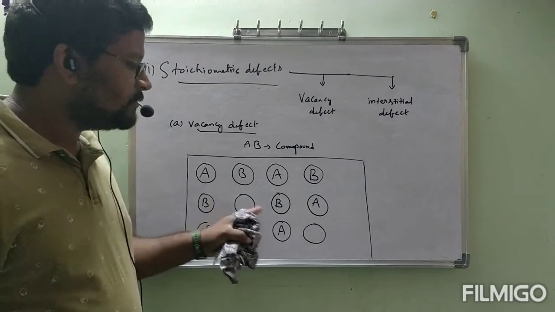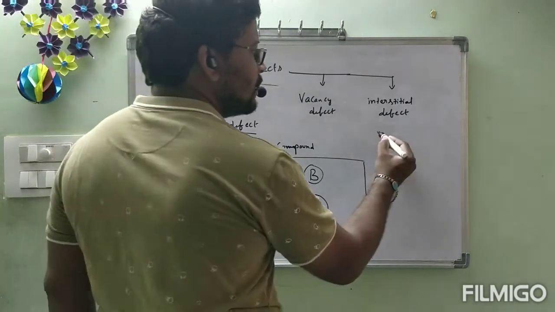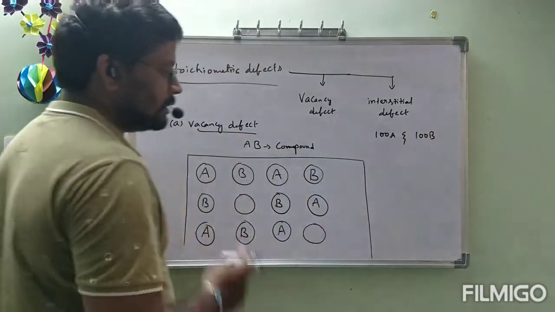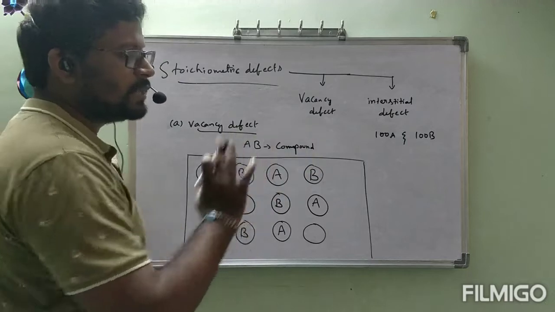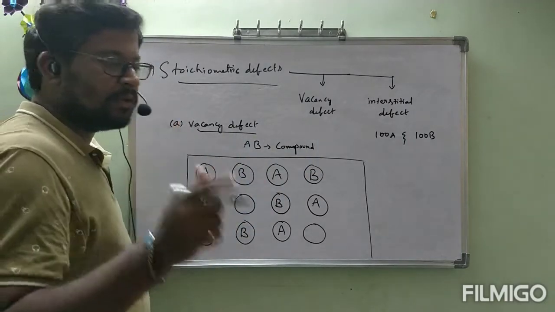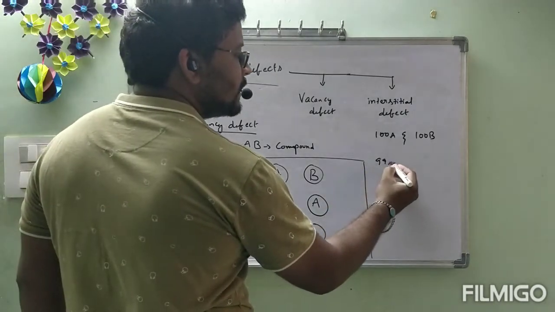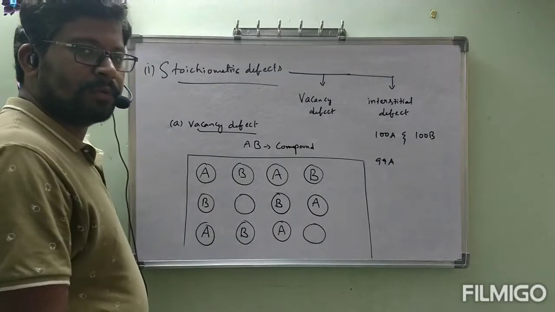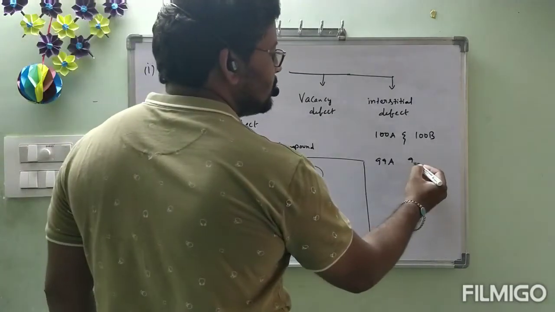Now if both of them are missed: how many A particles are missed? 1. Then remaining 99 A. How many B particles are missed? 1. That is 99 B.